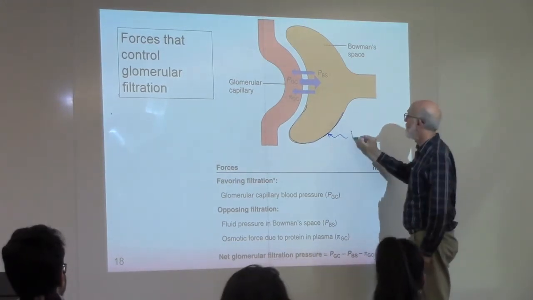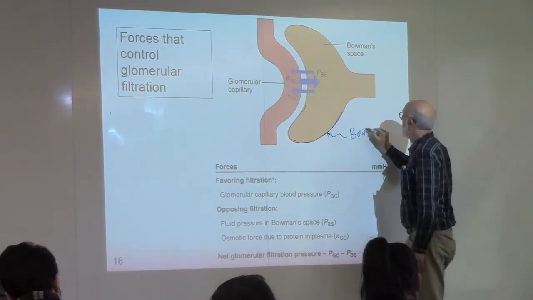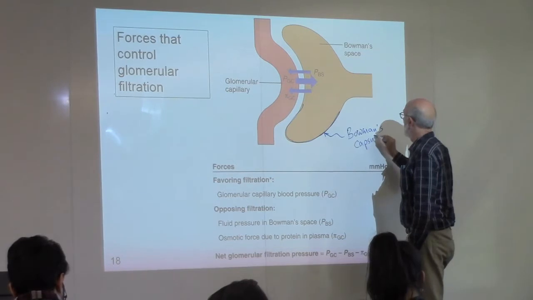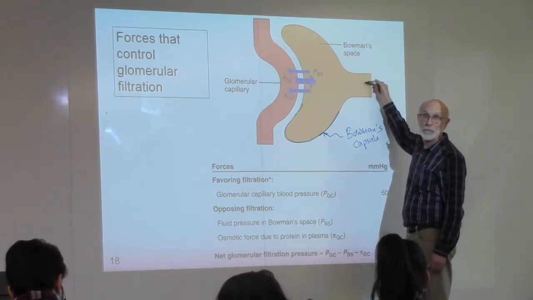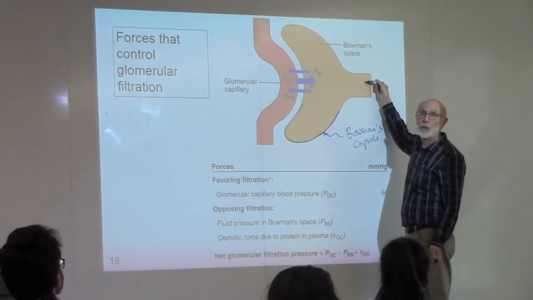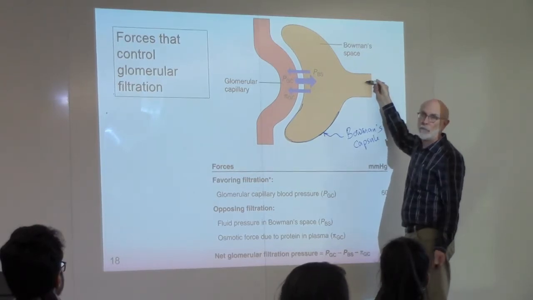The capsule, Bowman's capsule. I'm just trying to use the anatomy again, one more time. What does this do? Two words. Second word begins with a T. First word begins with a P. Proximal tubule.